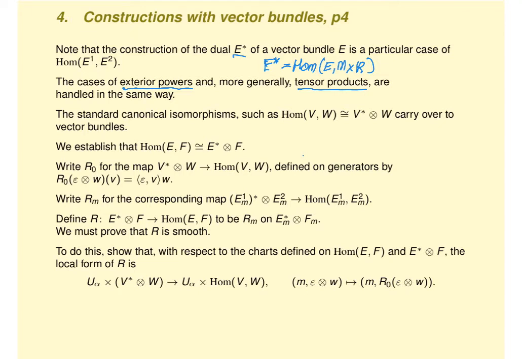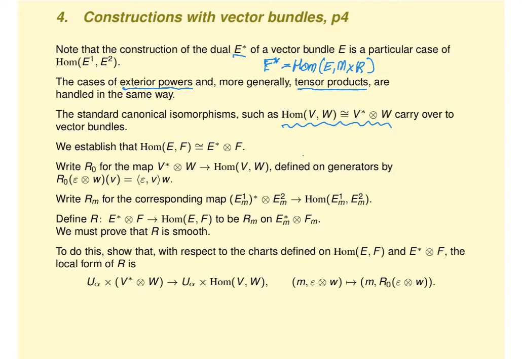So then there's the canonical isomorphisms. Here's a typical one from Hom, V W, these are vector spaces, to V dual tensor W, or perhaps it's better to take it in the reverse direction. But that's an isomorphism, and it's a canonical isomorphism of vector spaces.